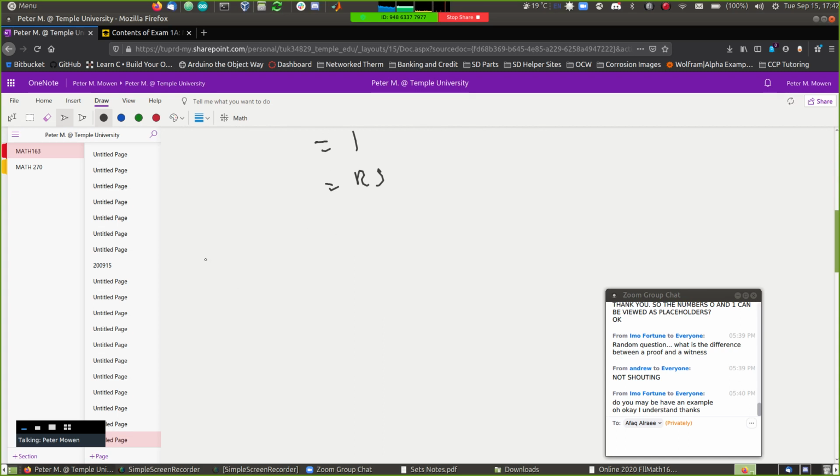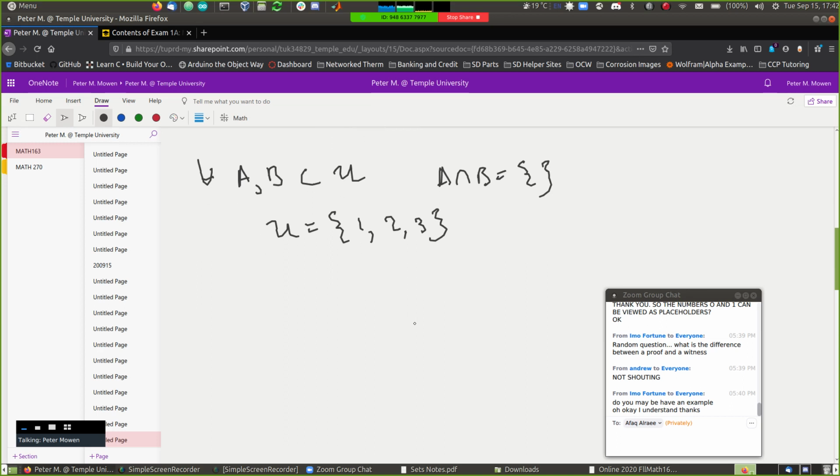But let's say I had something like: for every set A and B, which are subsets of our universe, A intersect B is equal to the empty set. And let's say that our universe is equal to the set containing 1, 2, and 3. I could prove this false by letting A be defined as the set containing 1, and B be the set containing 1, 2.